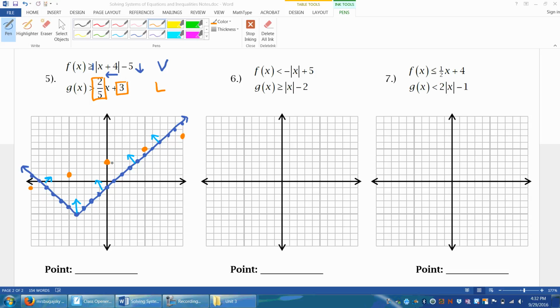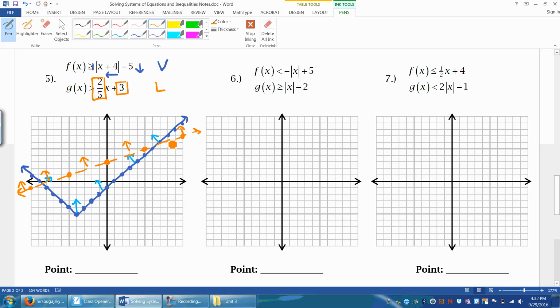This one does not have the equal to symbol, so it's a dashed line. And it's a greater than symbol, which means I'm going to shade above the line. So if I'm looking at my graph right now, I'm not going to shade down here on the bottom because none of the arrows are pointing towards here. Over on the right, there's this little almost triangular section.